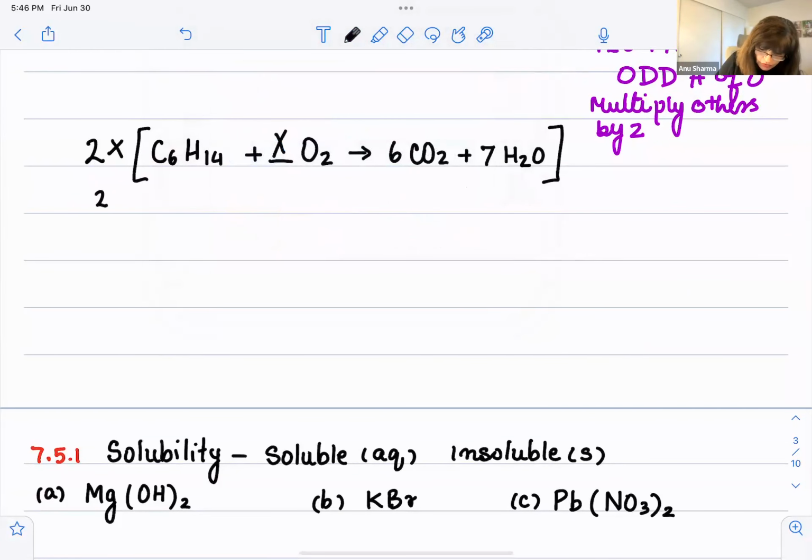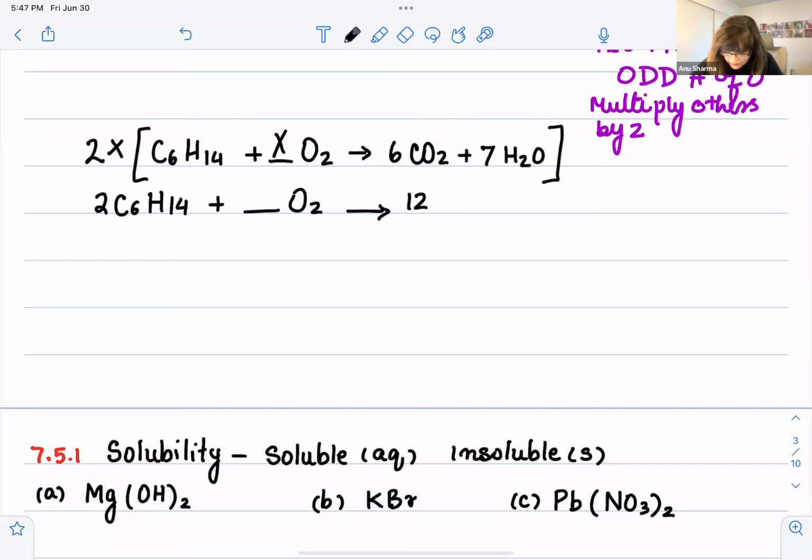So 2C6H14 plus, leave the oxygen, gives you 2 6s are 12 CO2 plus 2 7s are 14 H2O. All right.